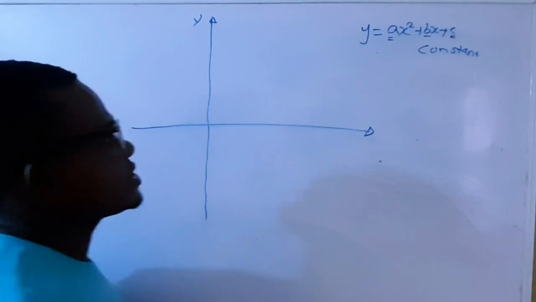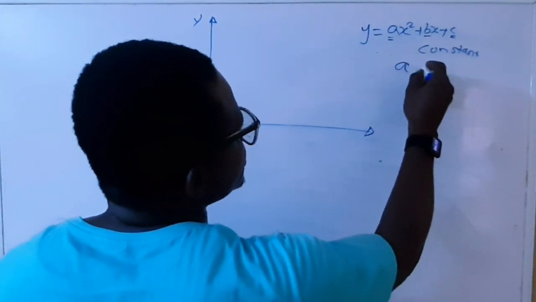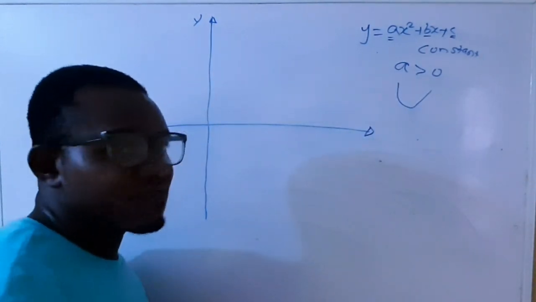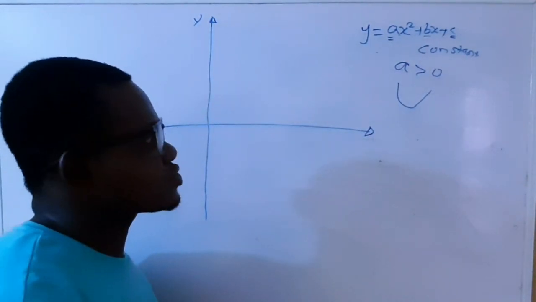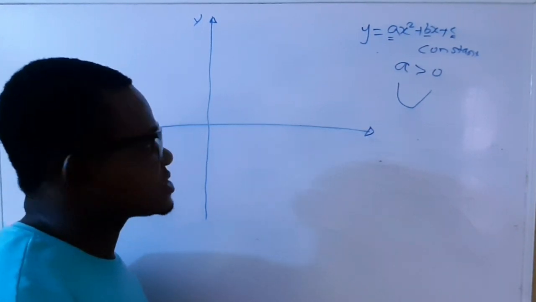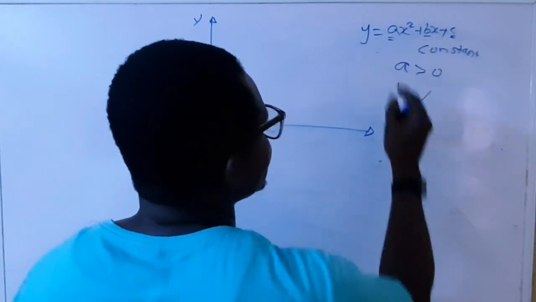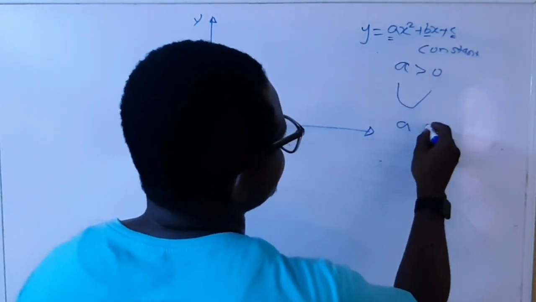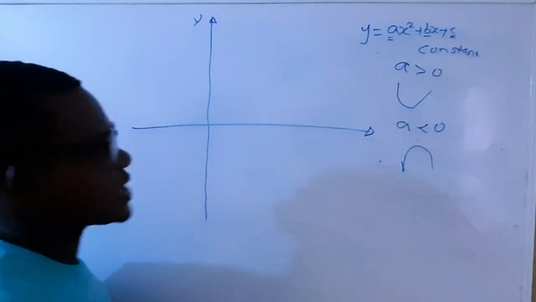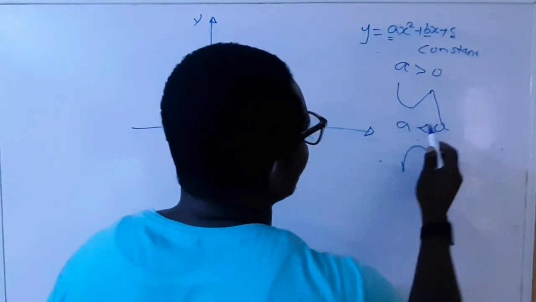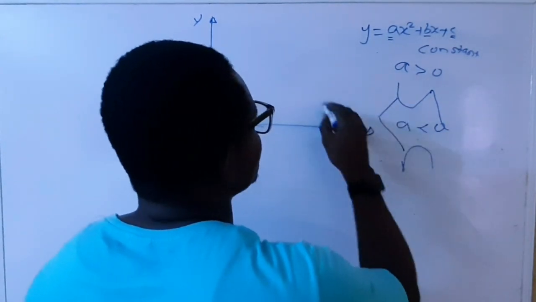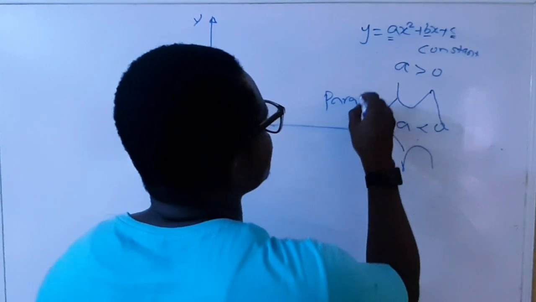Now, if a is greater than 0, your graph will give you a U shape. I've explained this in the slides, so I'm just doing it so that you understand what I explained in the slides. And if this value is less than 0, it will give you an inverted U shape. Don't forget, these two shapes are what we call a parabola.